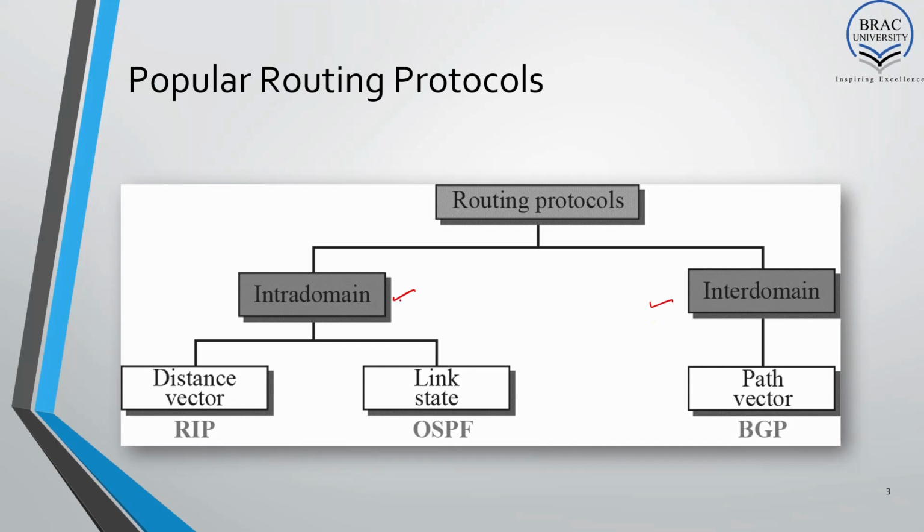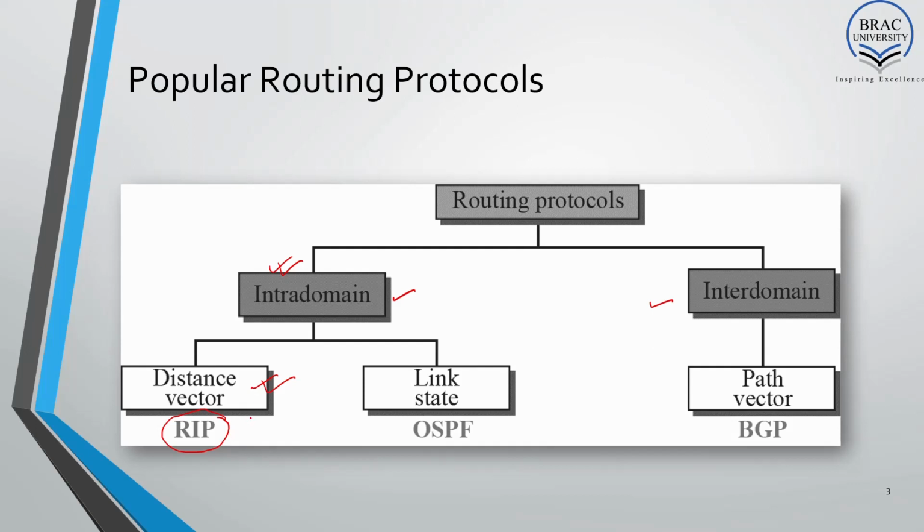In our lecture we will cover only the intra-domain part, but inter-domain is skipped from our syllabus. Today we will study distance vector, and in lab 5 you will do the RIP version 2 algorithm in the packet tracer.